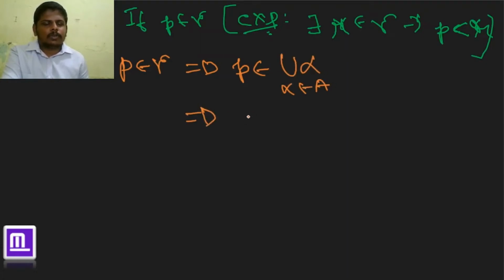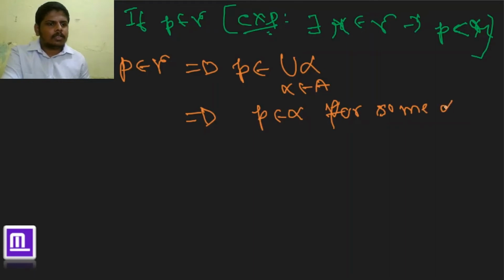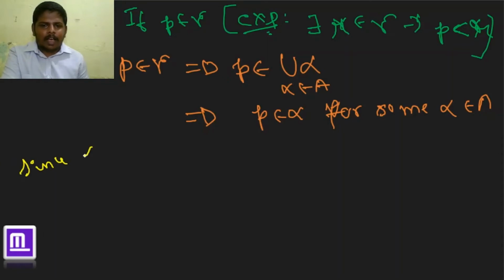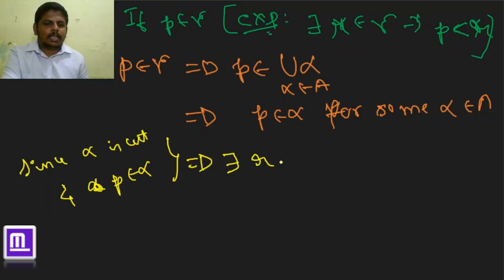So p belongs to alpha for some alpha belonging to A. Since alpha is a cut and p belongs to alpha, this says that there exists a number inside alpha itself such that p is less than it.